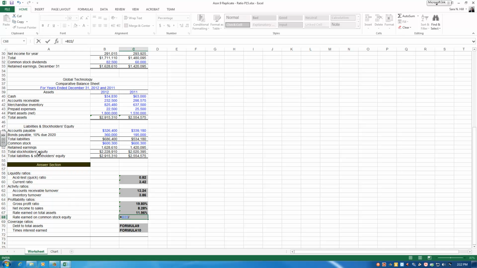So here's our total stockholders' equity. Go ahead and take this cell. Let's start our parentheses out. Go put both of them in right away. So we've got B53 plus C53. Close one set of parentheses, divided by 2. 13.7%.